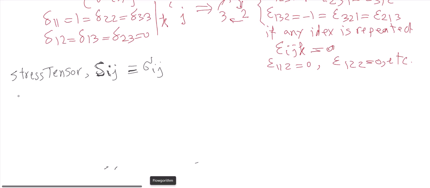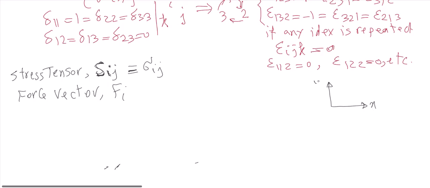For a vector, let's call it the force vector Fi. This is a force acting. How do you transform a force vector or velocity vector or any vector that you want to transform? By transformation, I mean that you have x, y and z, and let's say you have a vector here, f.